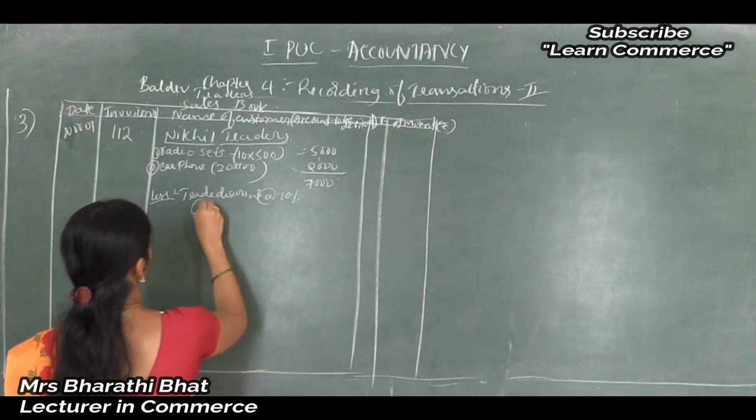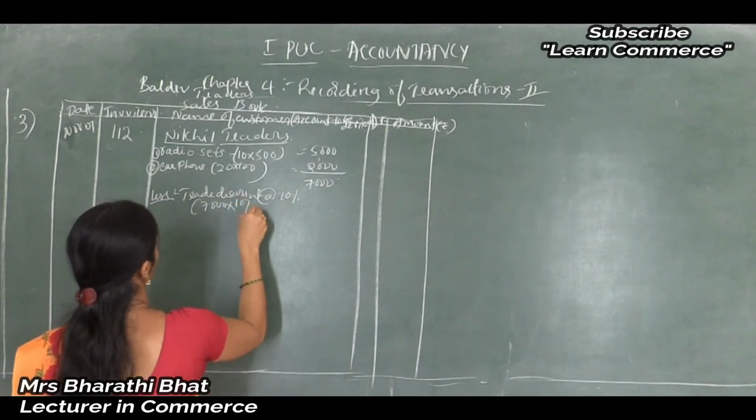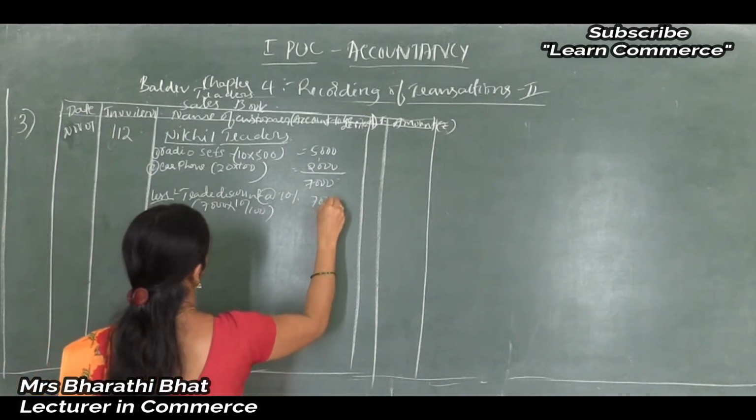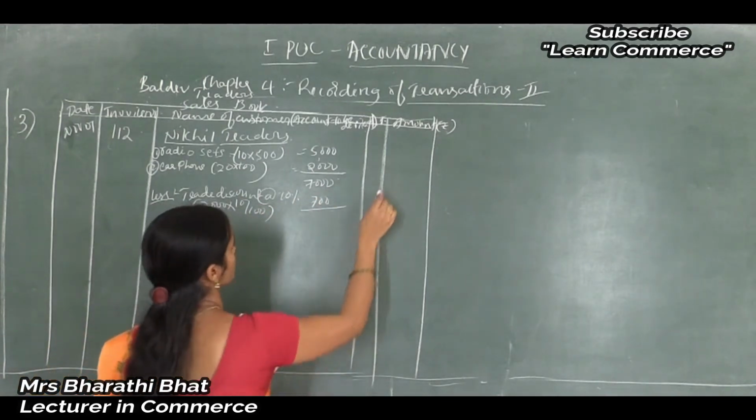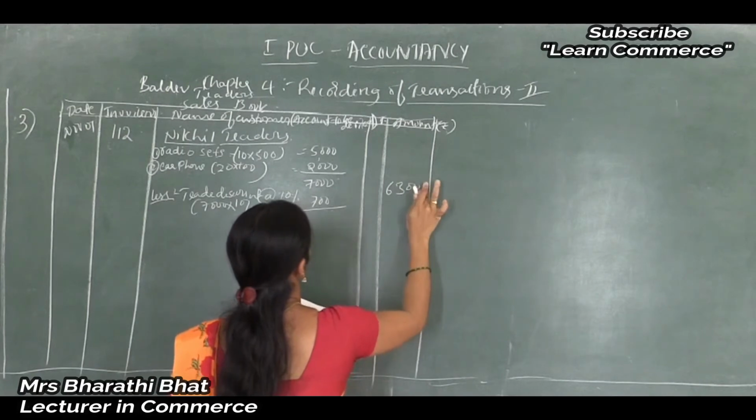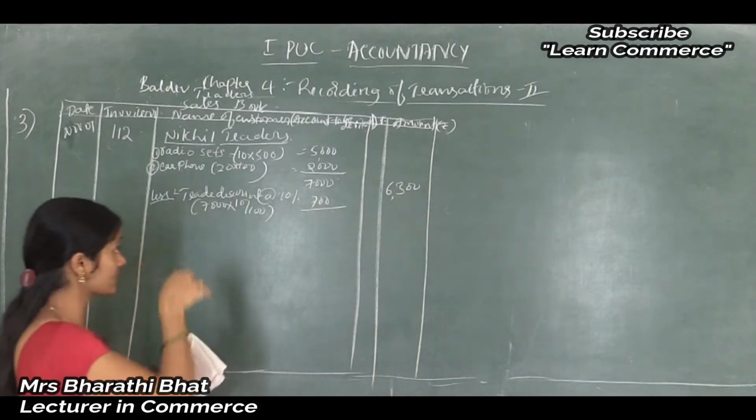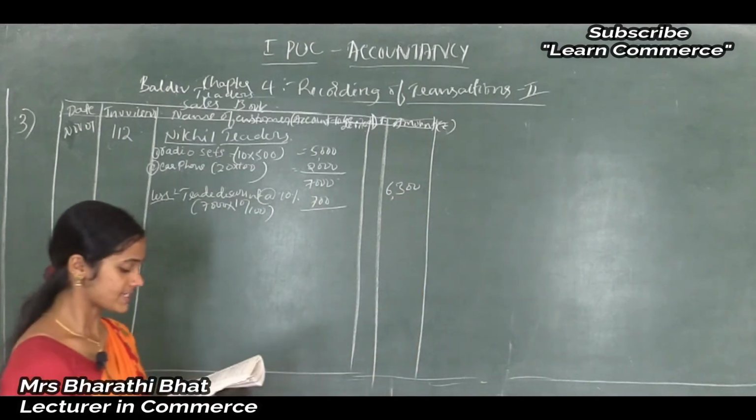So 7,000 into 10 by 100, how much? 700. So 6,300 in the amount column.